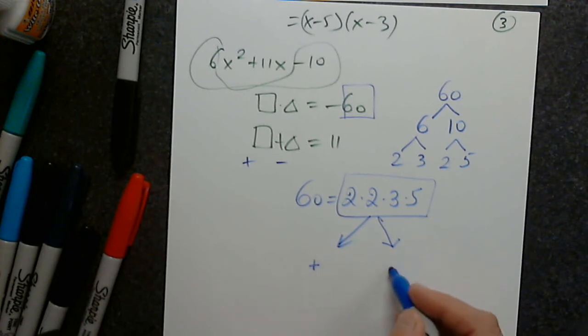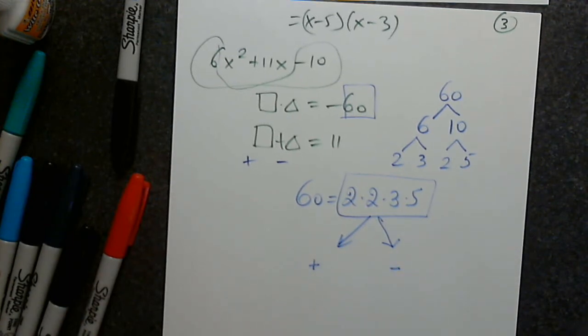One positive and one negative, such that when I multiply them, I get negative 60. And when I add them, I get positive 11. 4 and 15. So this is one number, and this is another number. Indeed, 4 and 15. Which one is positive?